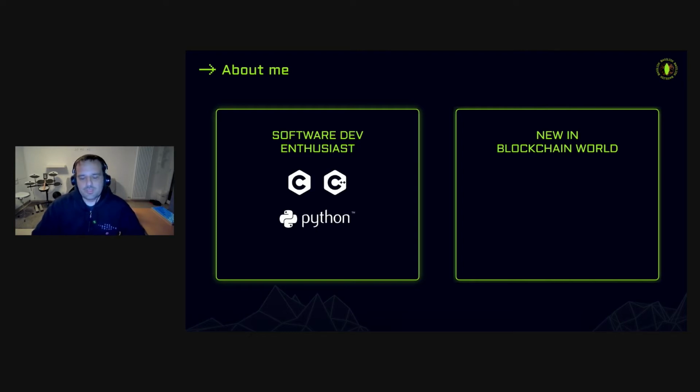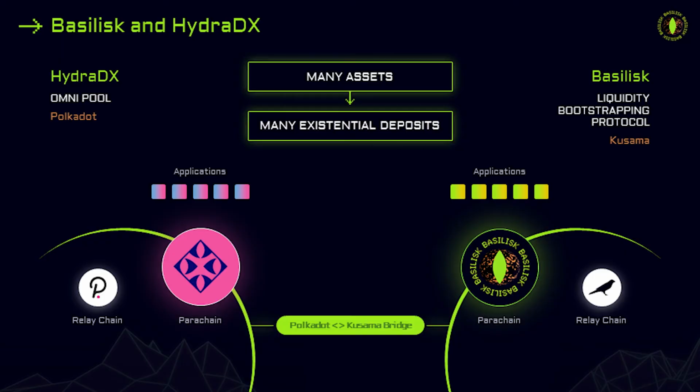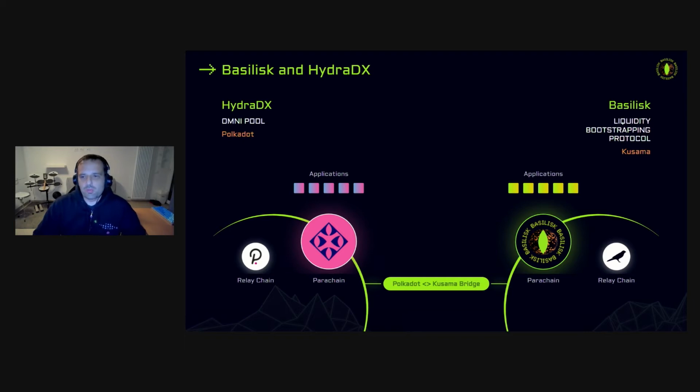So as mentioned, I joined Hydra and Basilisk as a core Rust developer. So let's have a look at what they are, so that we can have an idea where this topic is coming from. Both projects are in the Polkadot ecosystem.